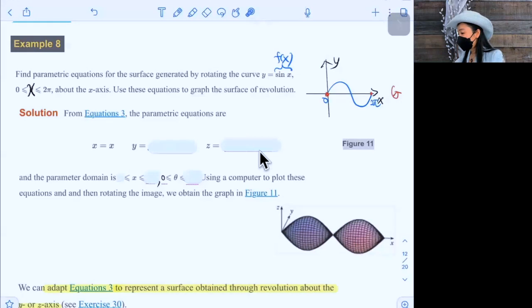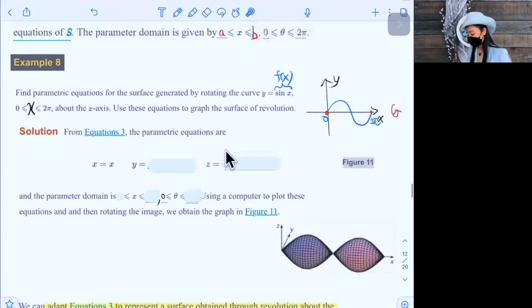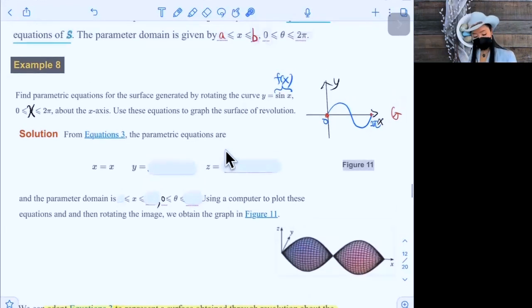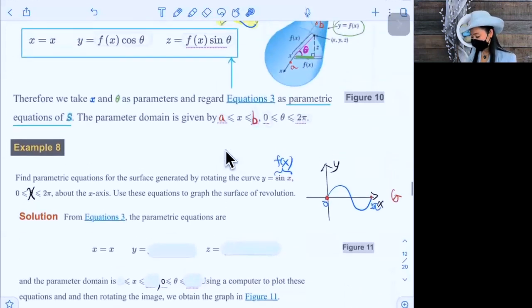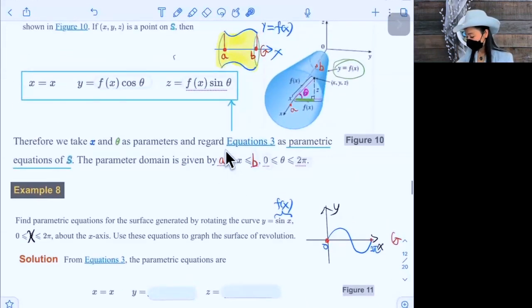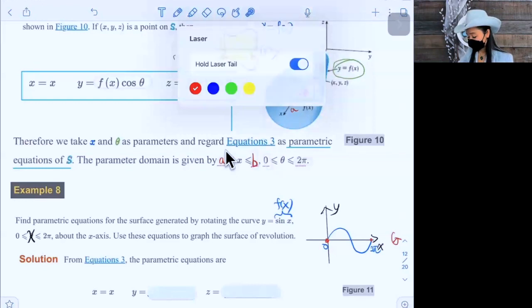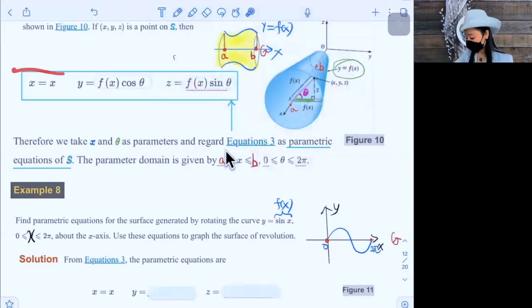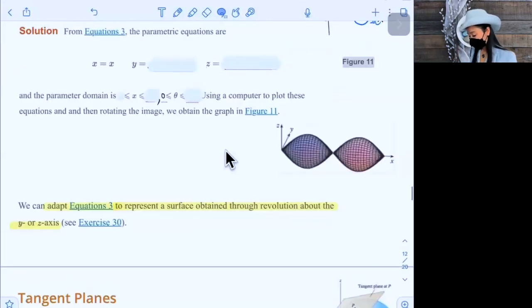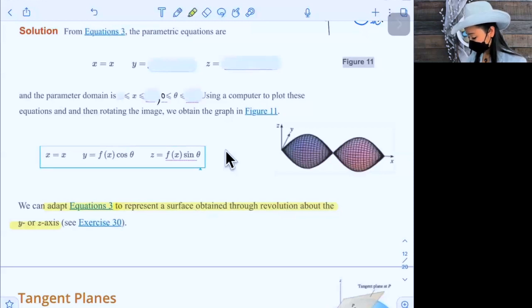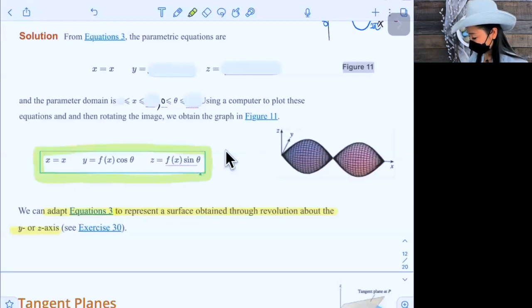So I'm going to use x to be x. Y equals what? So what did we just talk about? Remember, this is the surface of revolution, right? We're going to use equation 3.